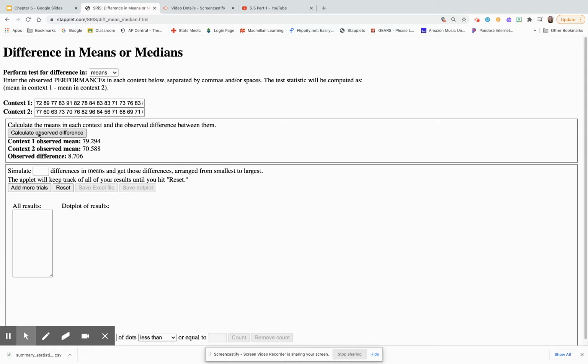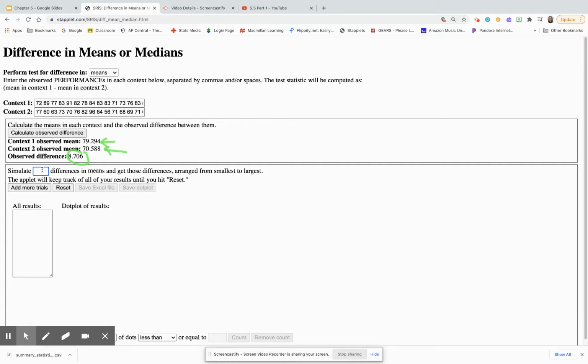If I click that, it gives me the mean in each case, which I already calculated with my calculator. 79.294, we rounded that a little bit more, and then 70.588, again we rounded in our notes, but that's okay. And then the observed difference is your test statistic. We could have just put this right into the applet and it would have given us these numbers. So those are important.